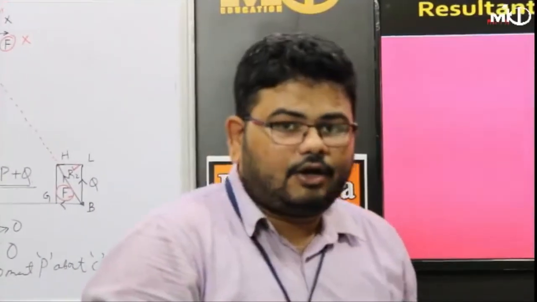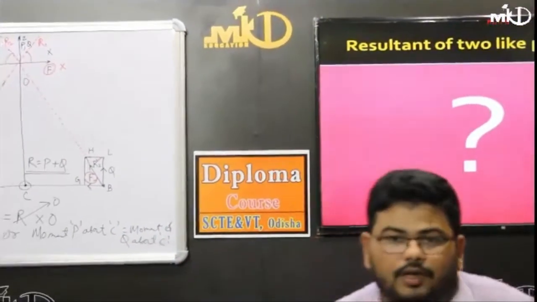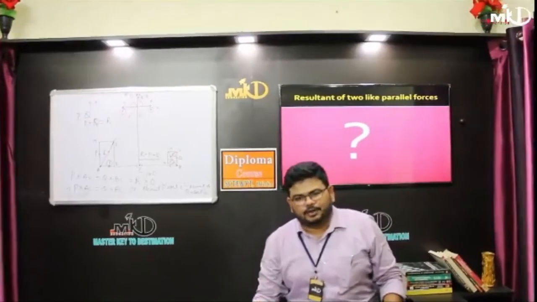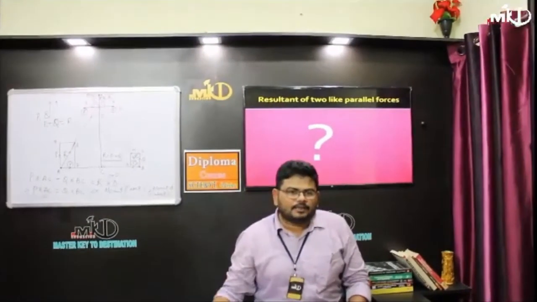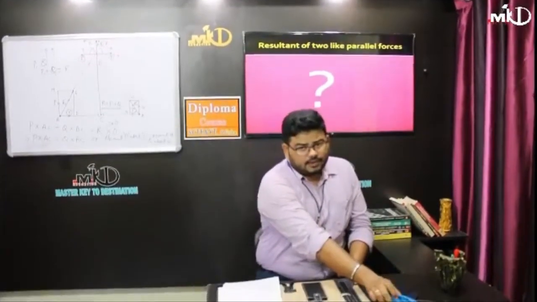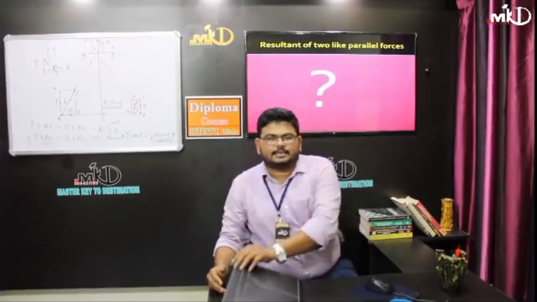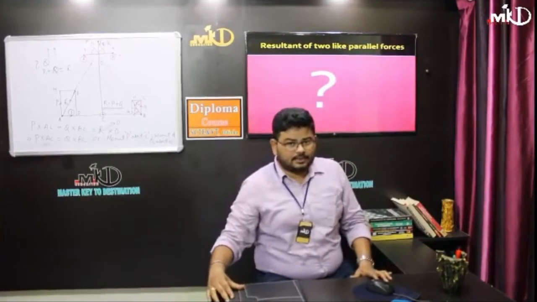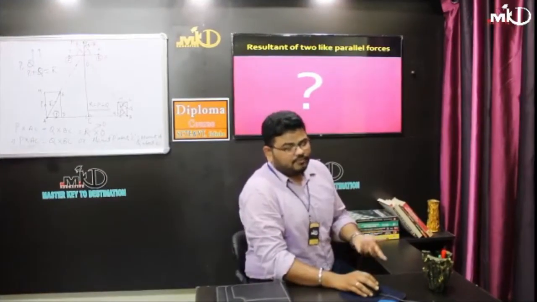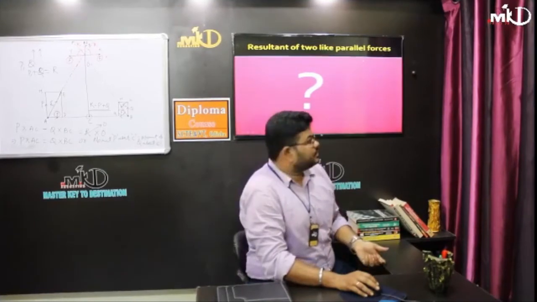Now I think all of you might have understood what today we have discussed. If you have any further doubt, kindly see the video repeatedly, and if any question arises, then don't worry. MKD classes is coming with a doubt session. So in near future you will have very good interaction with us, and we will continue our doubt sessions.